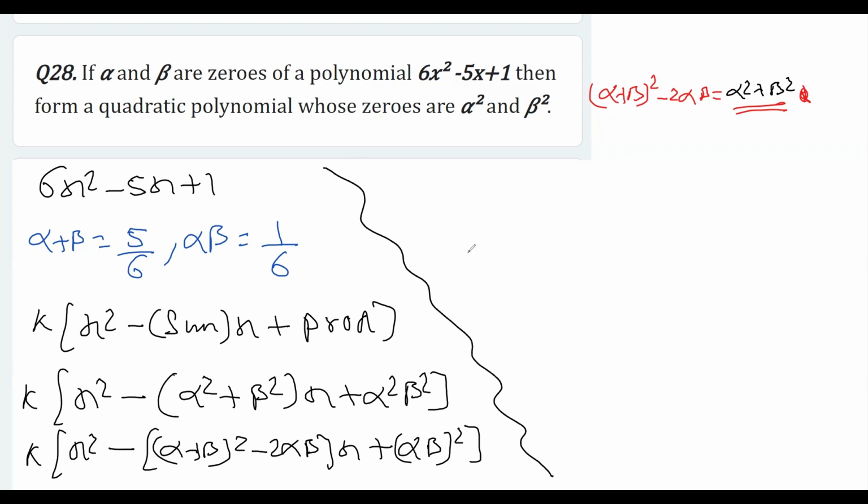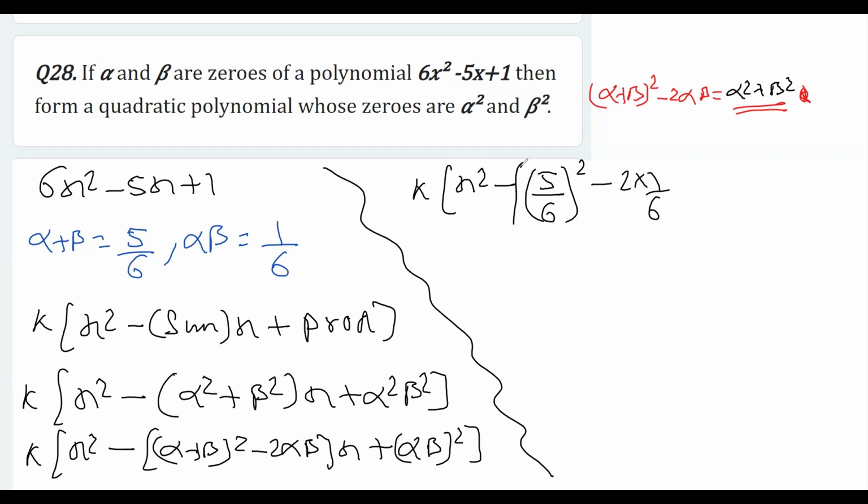Now for the next part, I'm going to replace these values. I can replace alpha plus beta from here as 5 by 6, so it should be (5 over 6) square, right? Square minus 2 times alpha beta. 2 into alpha beta from here, that is alpha into beta, is this.